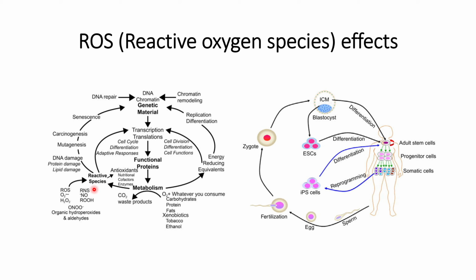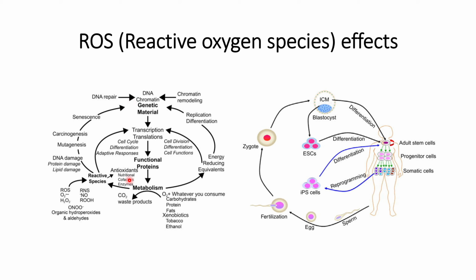Now let us come to the topic: what will happen in a condition where ROS is uncontrollable or quite high? It will lead to various problems, as shown here: DNA damage, mutagenesis, carcinogenesis. Senescence means a state where cells are metabolically active but have stopped their growth, and all this will finally result in DNA damage, which will activate the DNA repair mechanism that can be activated by the P53 signal.